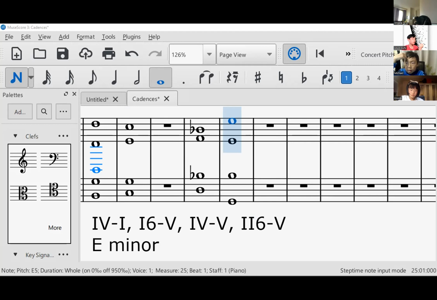Okay, firstly, recall that we use Roman numerals to annotate chords. Major triads are annotated with uppercase Roman numerals, while minor triads are annotated with lowercase Roman numerals.